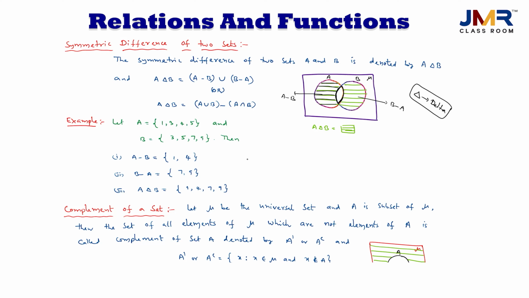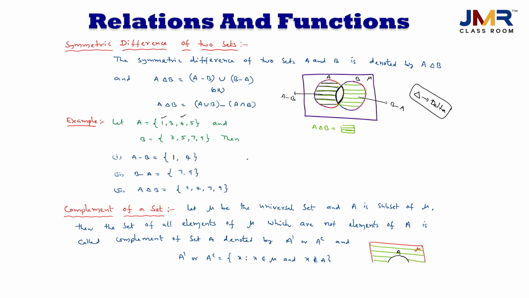With one example I'll discuss. Suppose A equals 1, 3, 4, 5 and B equals 3, 5, 7, 9. Already it is there on the screen. Then A minus B, those elements which are present in A, not in B. 1 is the element which is present in A, not in B. 3, both A and B it is there. 4 again, it is only present in A, not in B. So A minus B equals the set of 1, 4.